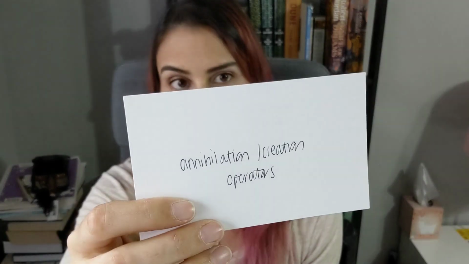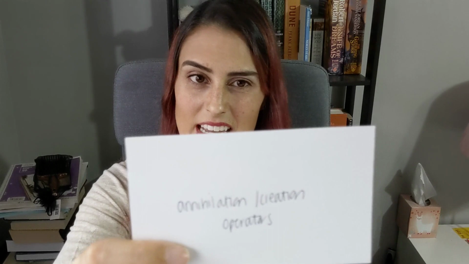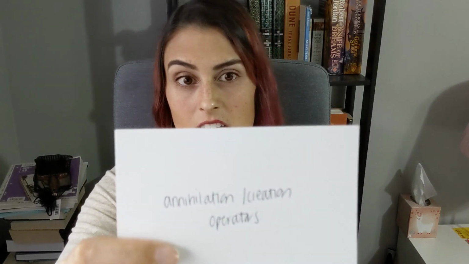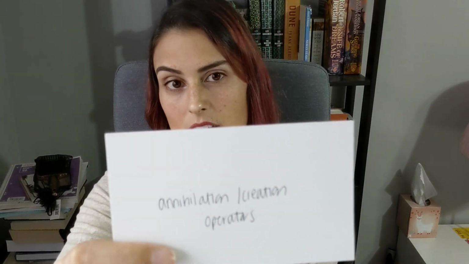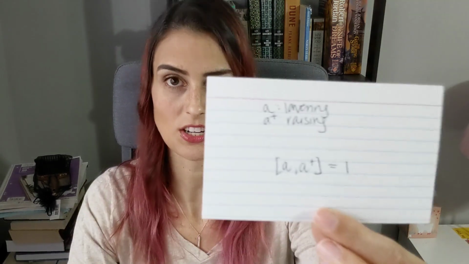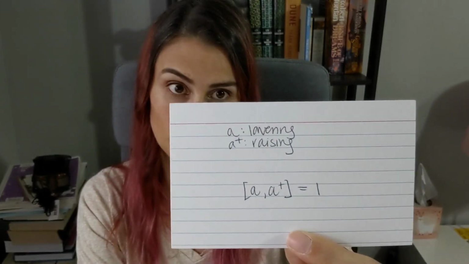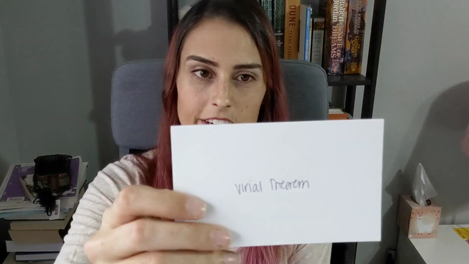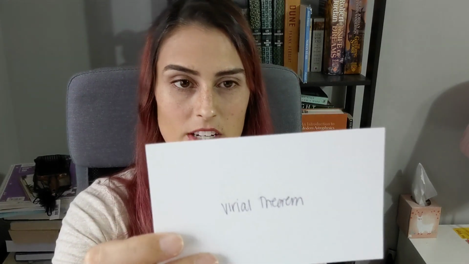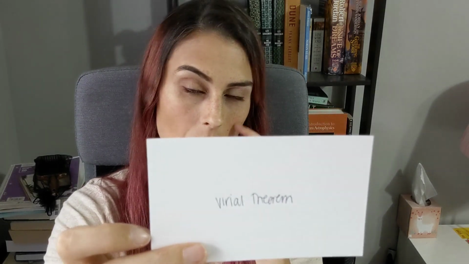Annihilation and creation operators. So A is the lowering and A plus is the raising, and the commutator of A and A plus is 1. The virial theorem says that the expectation value of T is equal to the expectation value of the potential is equal to E sub n over 2.